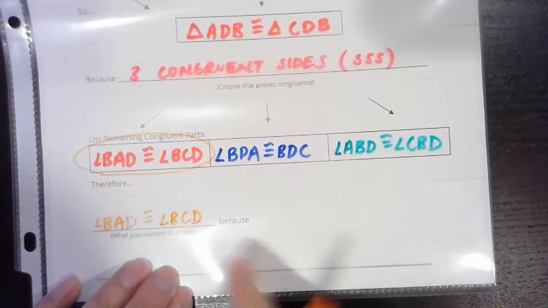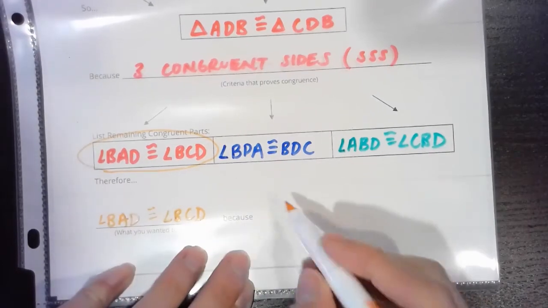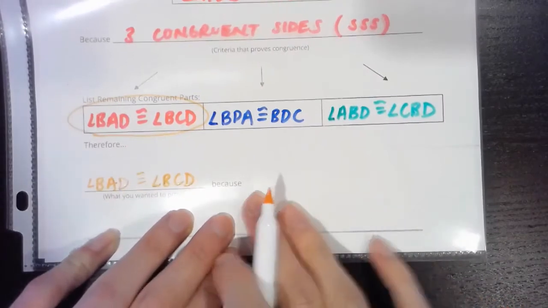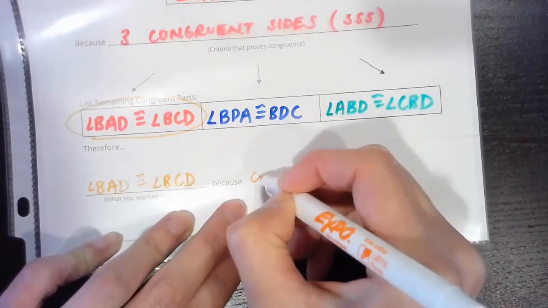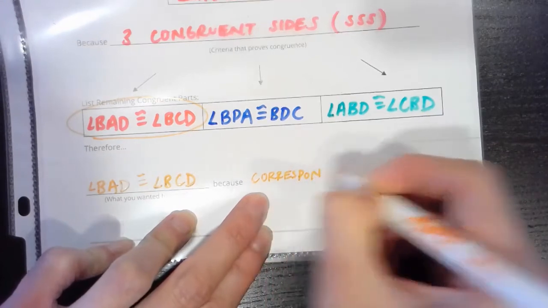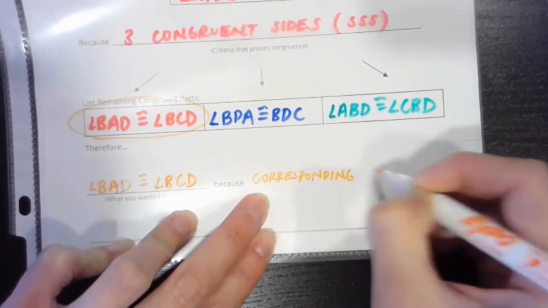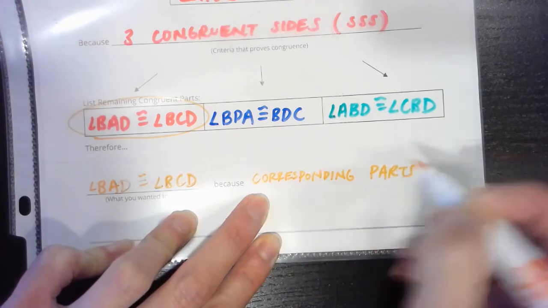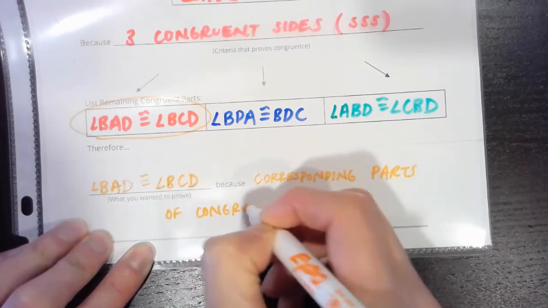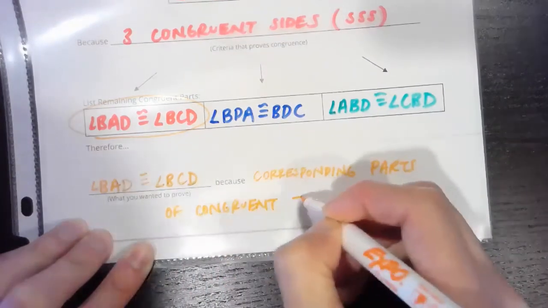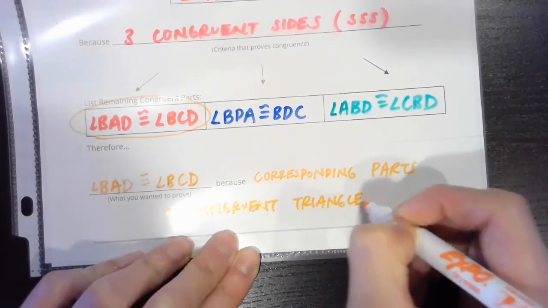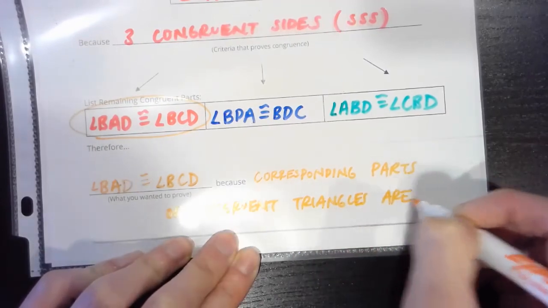And the reason why we were able to conclude this is because, and this is the academic language that we want to use for this last part of the proof, corresponding parts of congruent triangles are congruent.